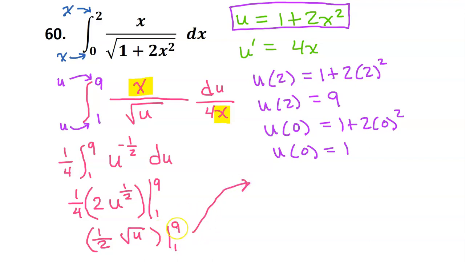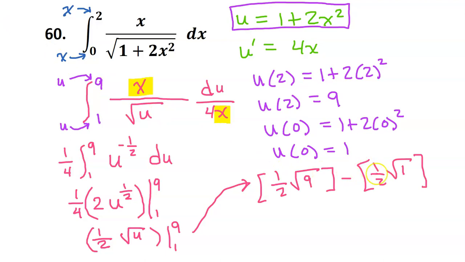So of course, we start with the upper limit, and then we subtract the value at the lower limit. So that will be 1/2 times the square root of 9 minus 1/2 times the square root of 1. So square root of 9 is 3, so we have 3 over 2.